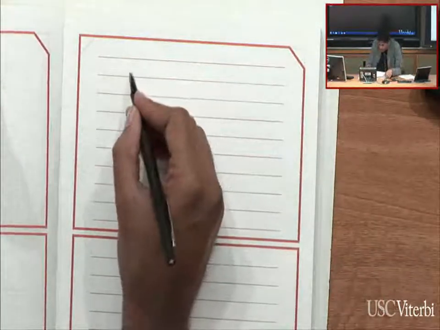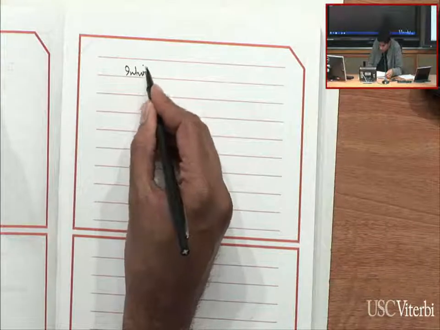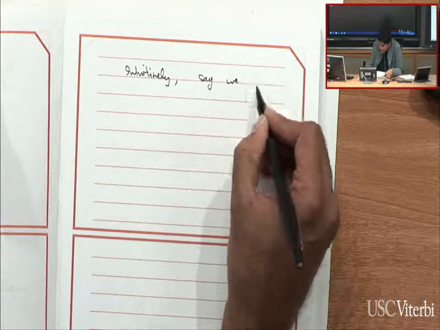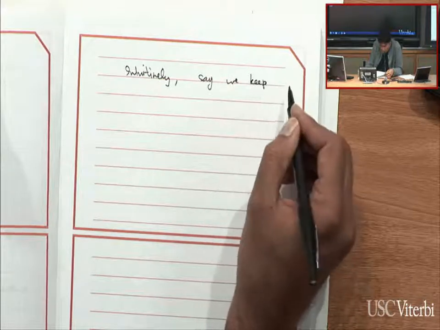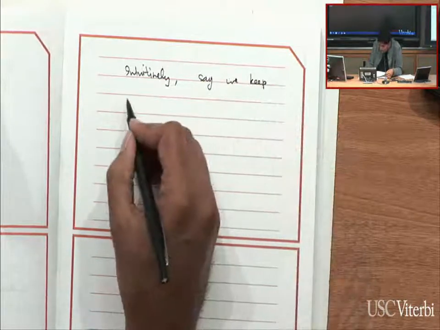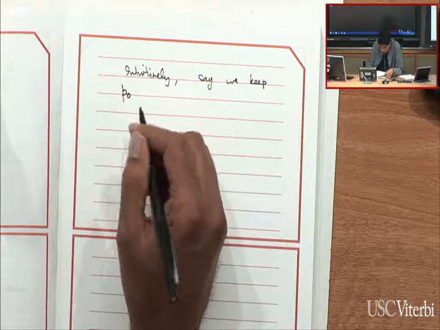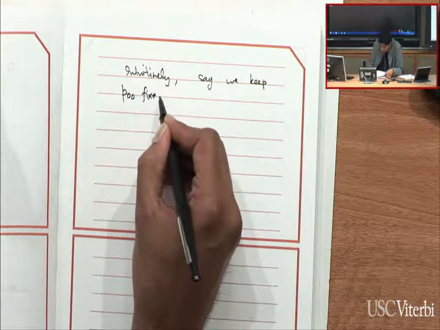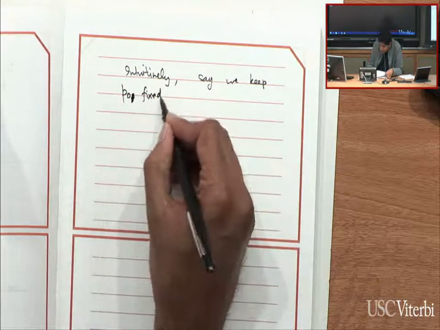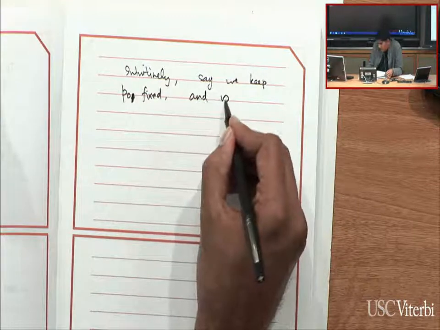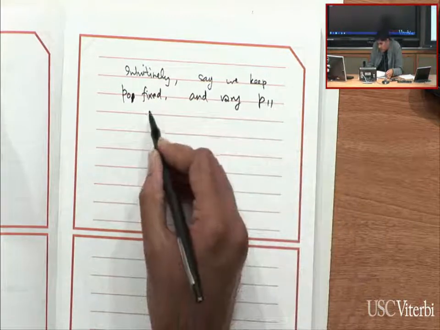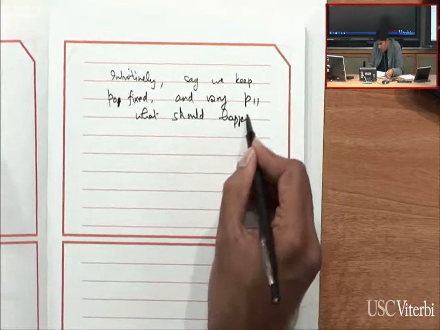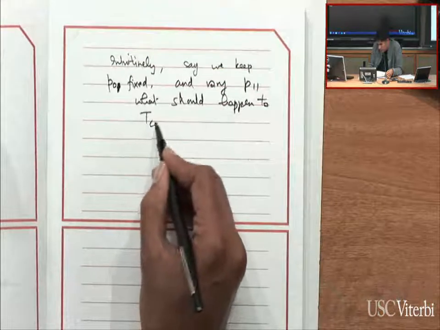So intuitively, let's say we keep all of the transitions coming out of 0 fixed. Let's say we keep P01 fixed, and vary P11. What happens? What should happen to the coherence time?